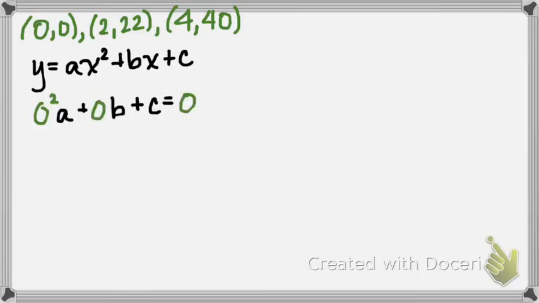So for instance, if we get a times 0 squared because we're inputting 0 for x, and the a is what we're trying to find, plus 0 times b plus c, that needs to equal 0. Realize that 0 times anything is 0, so all we have is c equals 0.